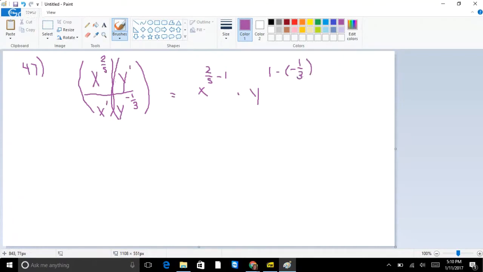So now we need to do some fraction simplifying, right? x to the 2/5 minus 1. So 2/5 minus 1 is going to give us negative 3/5. And y to the 1 minus 1/3. So 1 minus 1/3 is like adding 1/3, right? So it's going to be y to the 4/3 power.